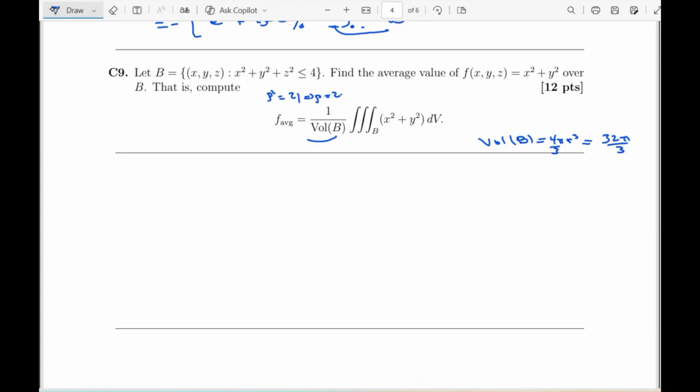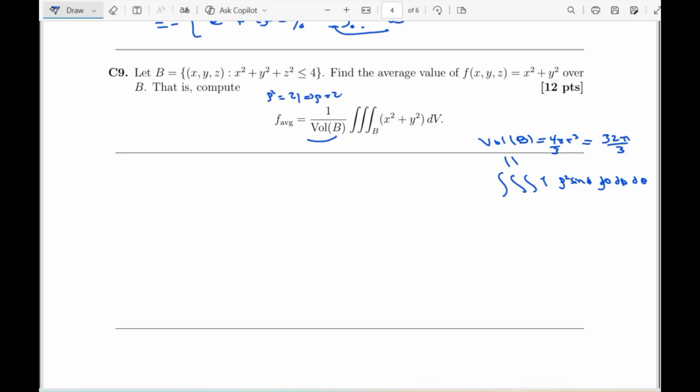However, this formula is not like a magic formula. It really comes from a triple integral, remember, because the volume of a region can be computed by integrating the function 1. In this particular case, since we're integrating over a sphere, we're going to use spherical coordinates, d rho, d phi, d theta.